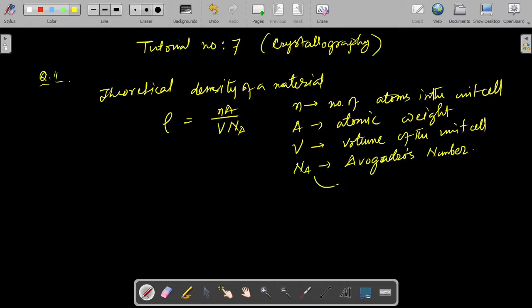And we already know this number is 6.023 into 10 to the power 23, right?